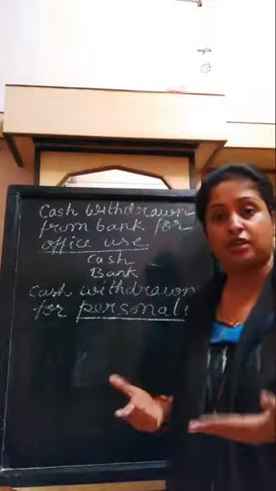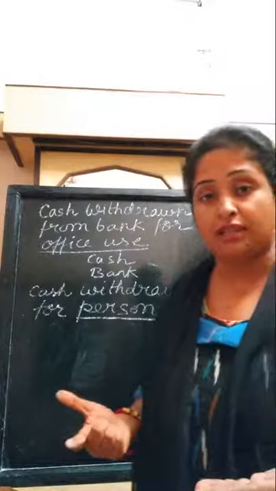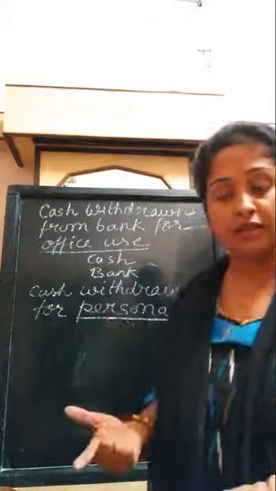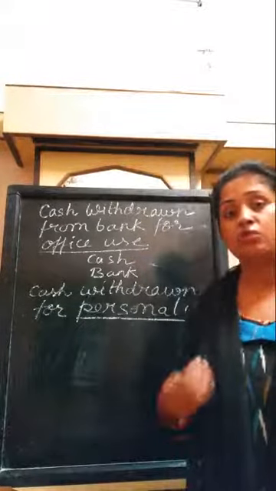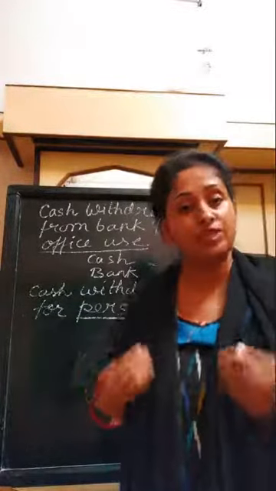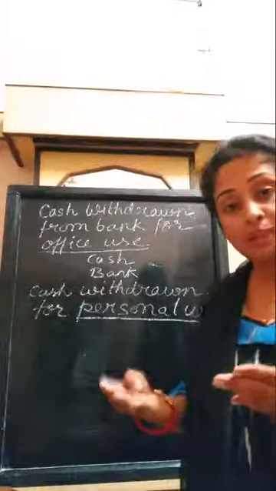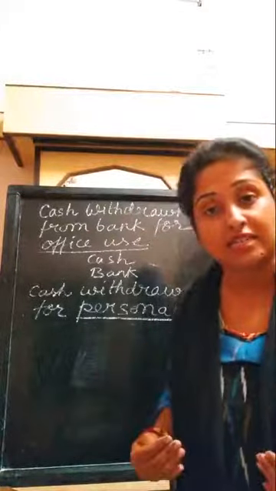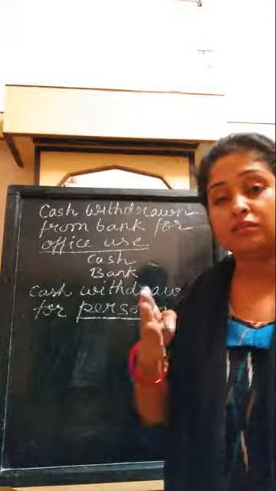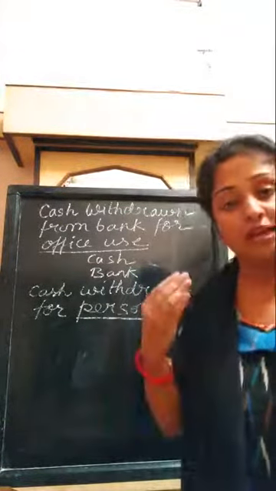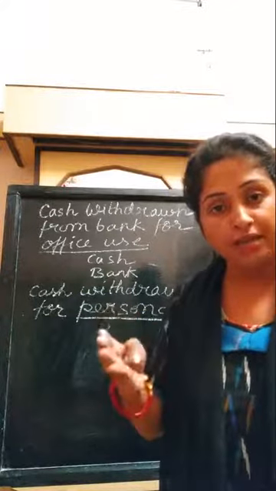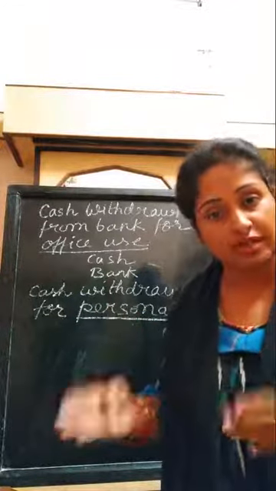In that transaction, bank asset was increasing, so bank was debited, and cash in hand was decreasing, that's why cash was credited.